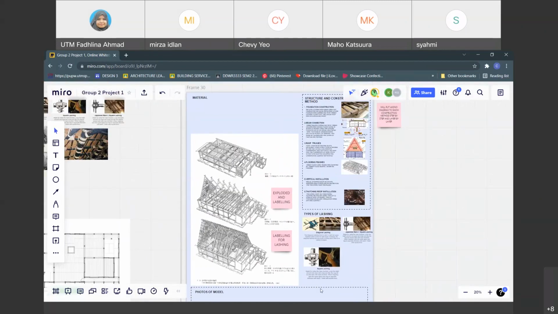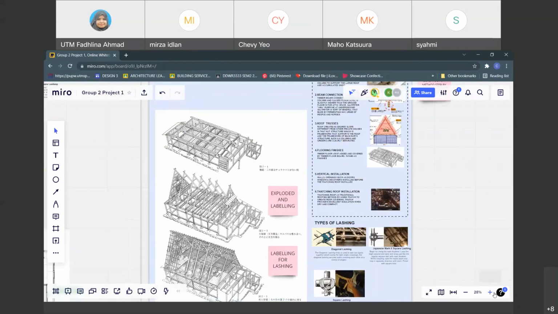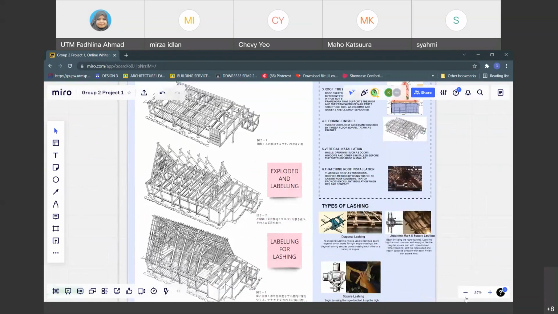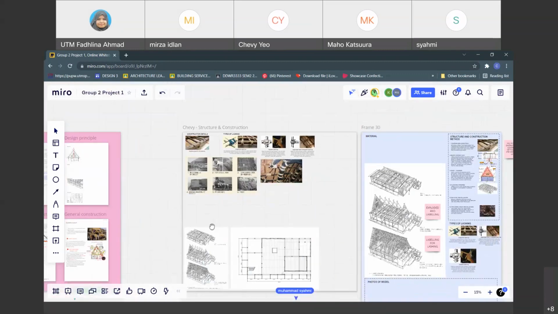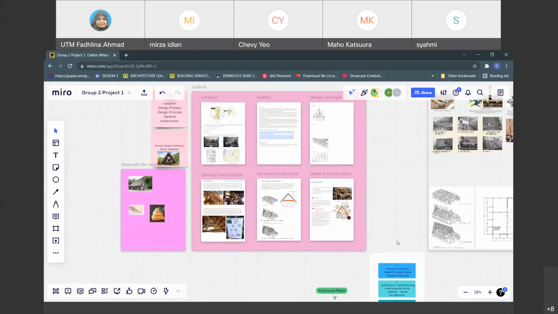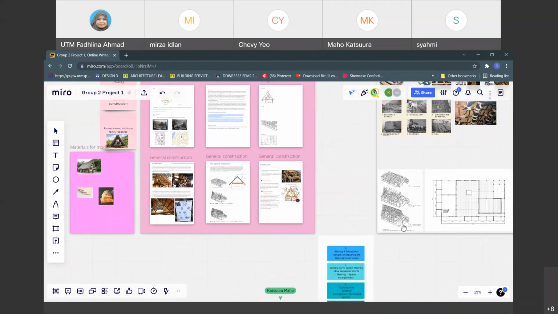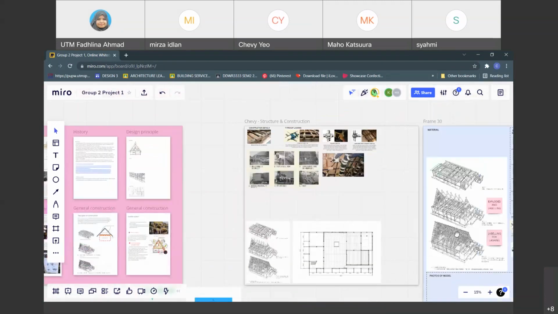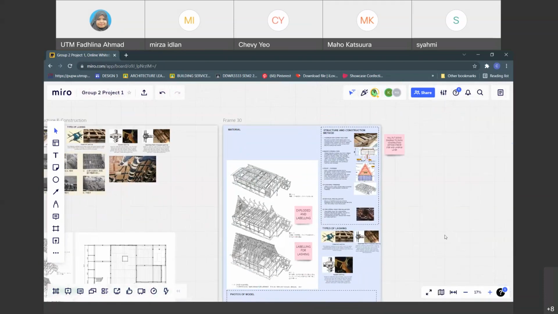What other things are there on the detailing part? Is there any ornamentation? Or is there anything related to Buddhism? I think the religion is Buddhist, is it?